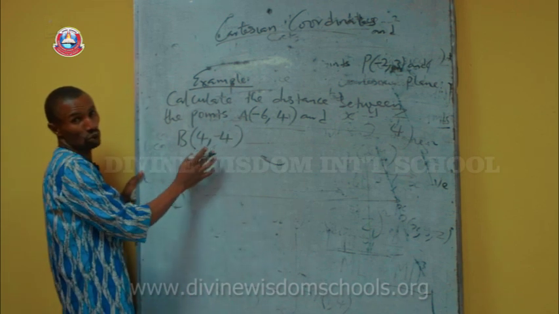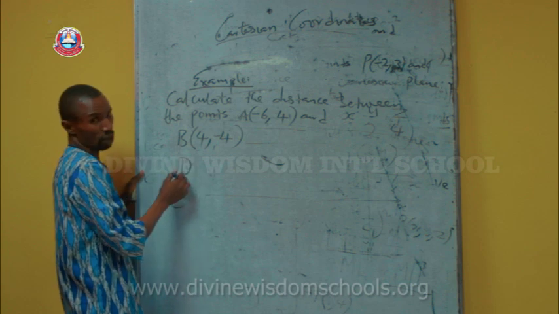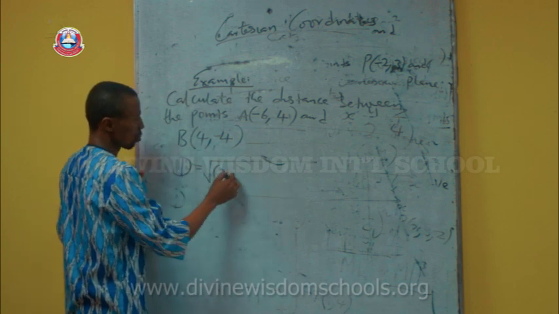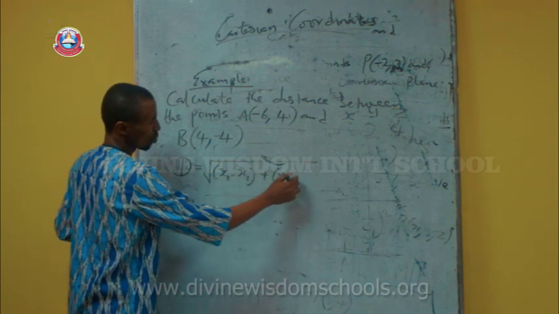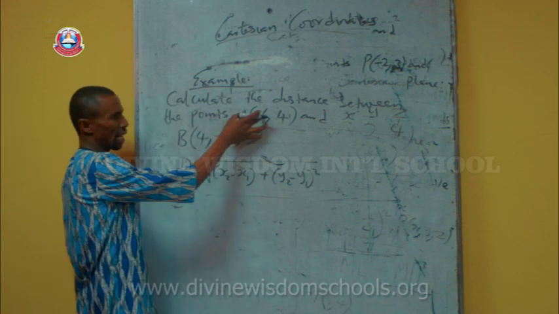Now, this is for two coordinate system. So we use our formula as square root of (x2 minus x1) plus (y2 minus y1) all squared. The first thing to do here, bring out the points.